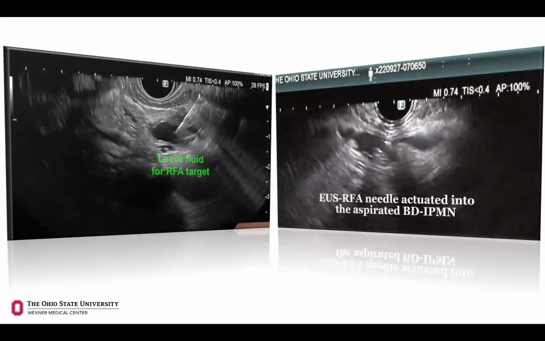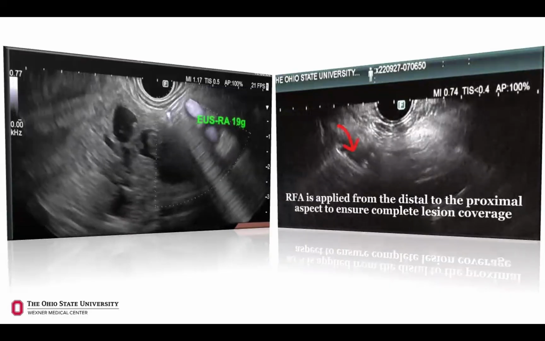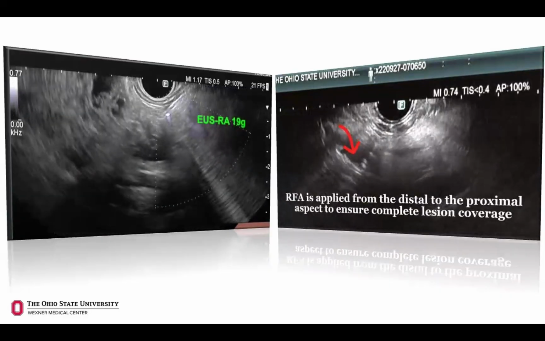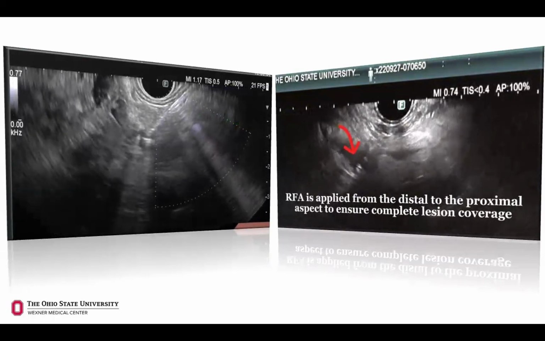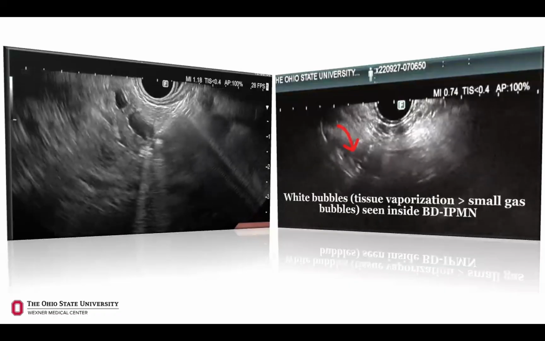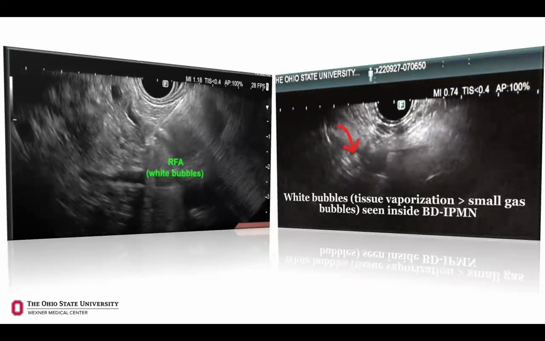Once you start doing RFA, the timeout for each application is 45 seconds if you don't reach peak impedance. The peak impedance is about 400 ohms. Once it reaches about 200, 300 ohms, it's going to quickly spike to 400. So you have to be on the ball right there to shut it off.